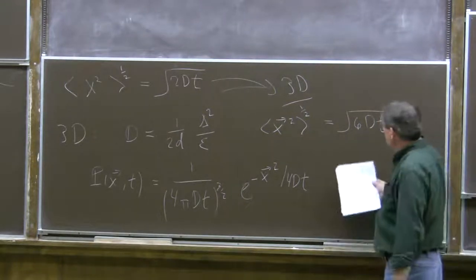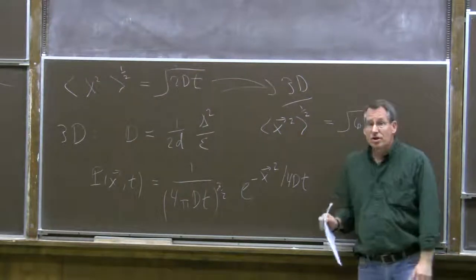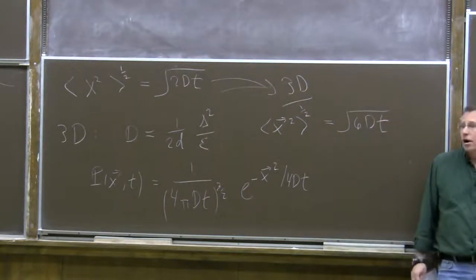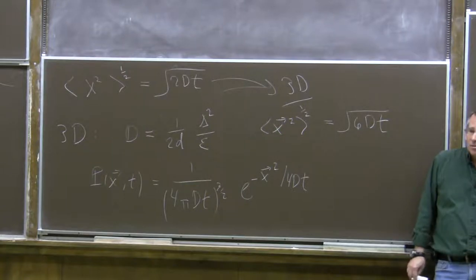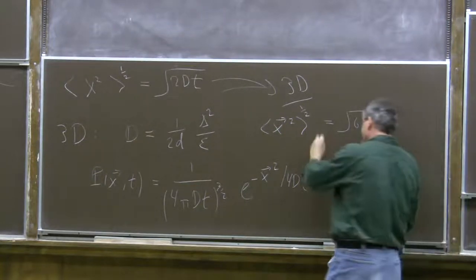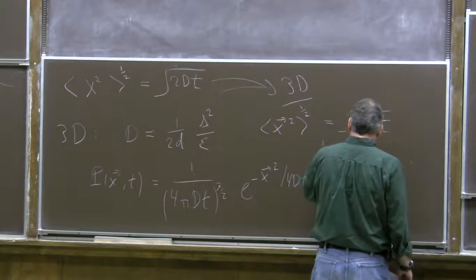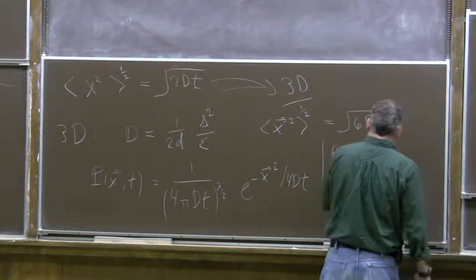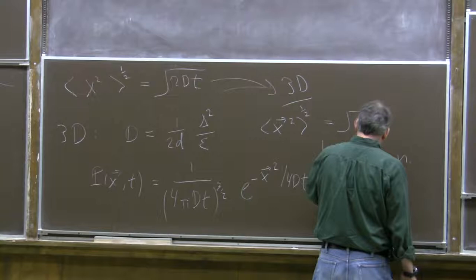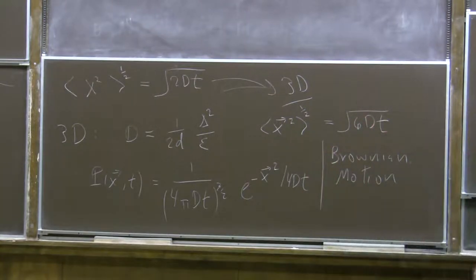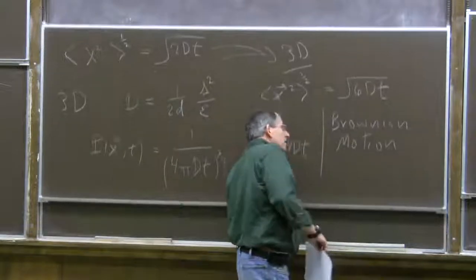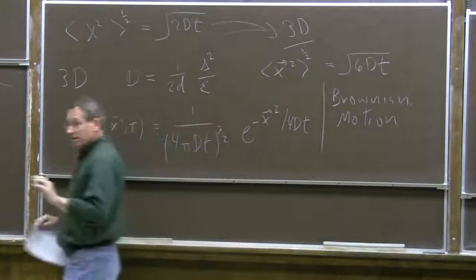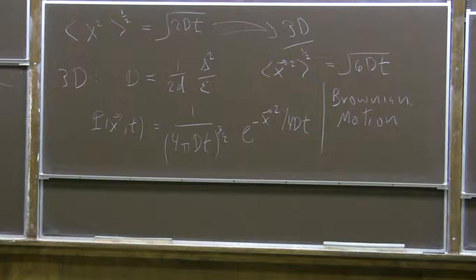So what Einstein realized back in 1905 is that we can use this picture of a random walk to understand Brownian motion. The Brownian motion is aptly named because it was discovered by Brown. And he, in the early 19th century, was looking at a pollen grain suspended in water under an optical microscope.